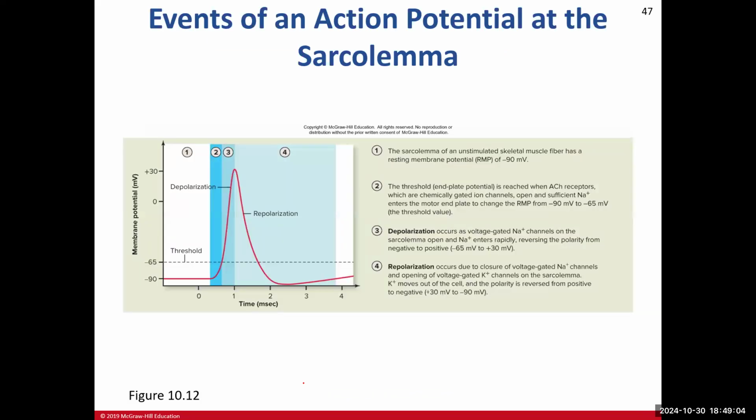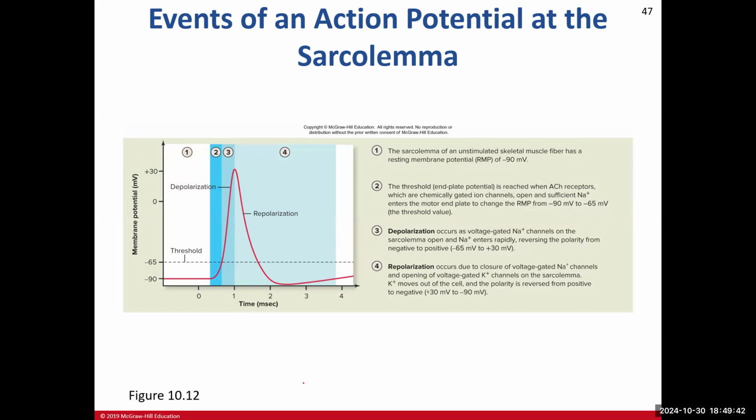So again, this is figure 10.12. This is a great, easy way to do a quick summary of everything I was just talking about. It even shows you the threshold value: resting membrane potential -90, threshold value of -65. Phase 1 tells you what's going on when the muscle cell is at rest. Then we start to get our end plate potential in step 2, or phase 2, whatever you want to call it, and we start to depolarize the motor end plate.